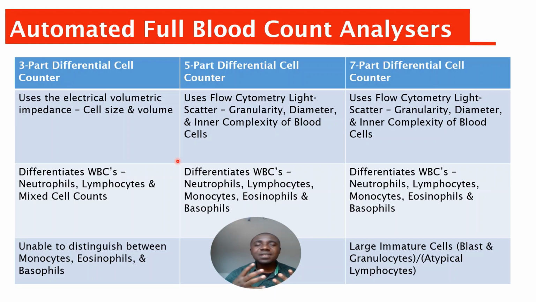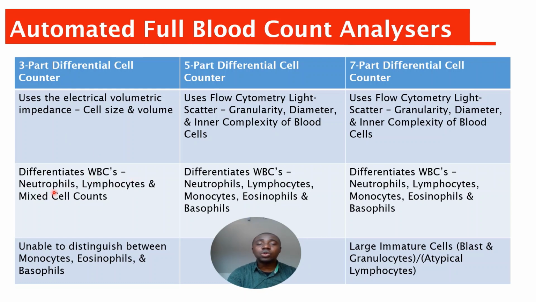In most cases, the ones that are 3 parts use what we call electrical volumetric impedance, okay? And it works on the principle of the cell size and the volume of the cell, to determine what is actually in the sample. Then it can also look at the differential white cells.